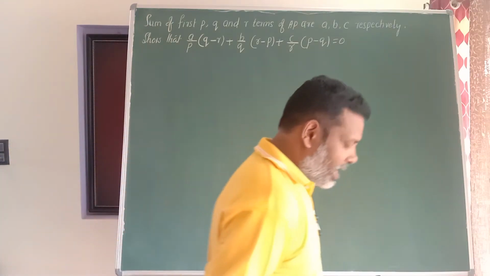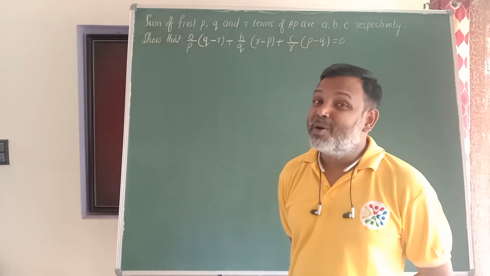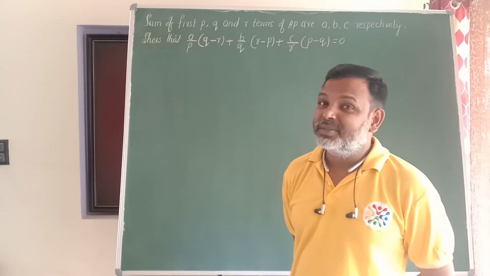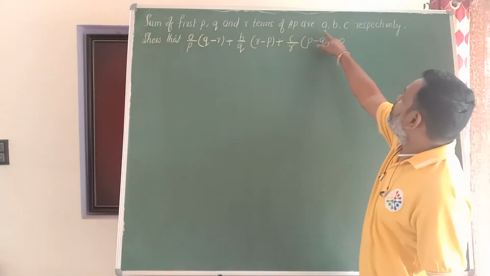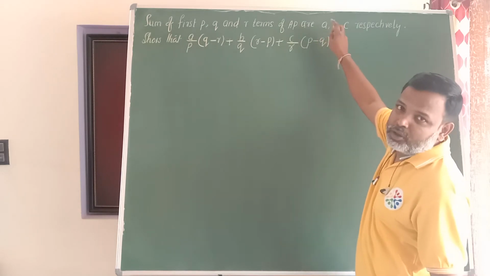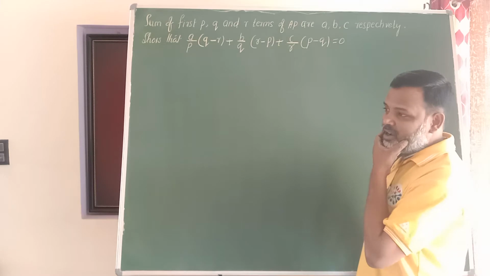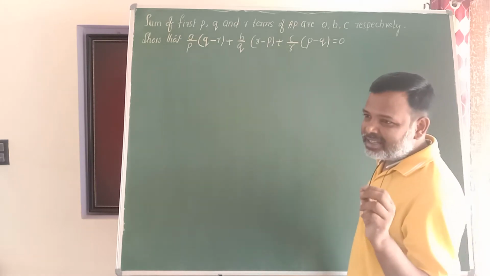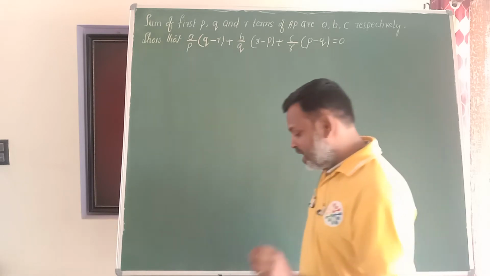Dear children, we already know that the first term of an arithmetic progression we have taken as small a, and the common difference as small d. But here the sum of the first P terms is taken as small a. So instead of small a for the first term and small d for the common difference, let us take capital A for the first term and capital D for the common difference.